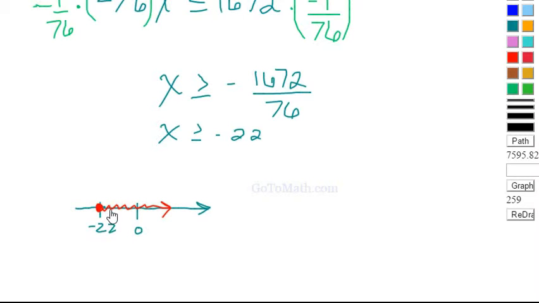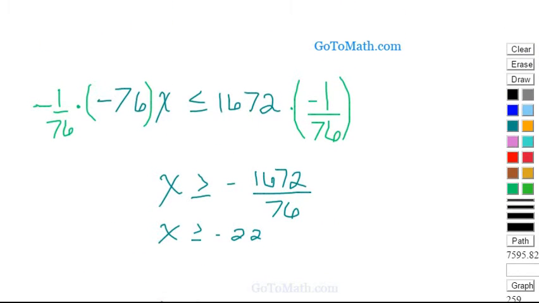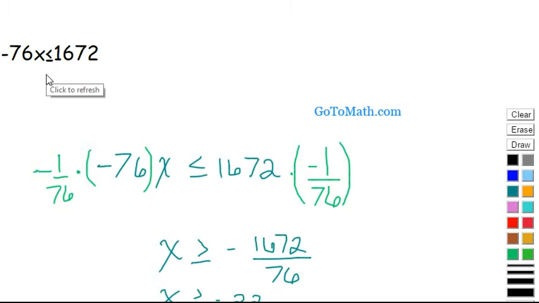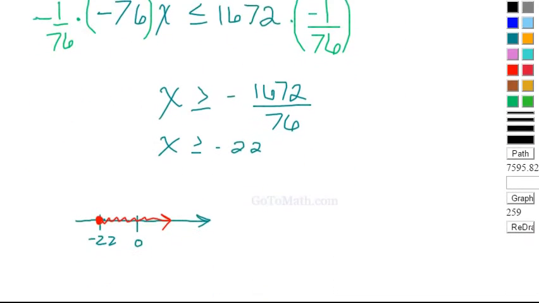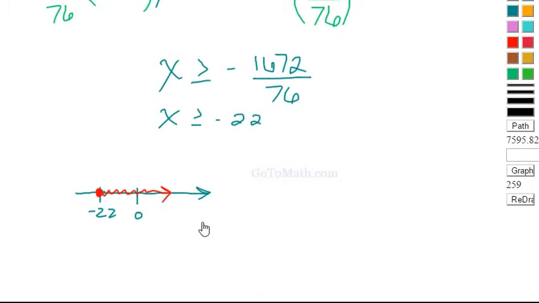No matter what number we pick to the right of negative 22 and plug into the original, for example, if you plug 0 in, we get 0 times negative 76, which is 0, and 0 is less than 1672. See that? So no matter what you plug in to the right, it makes a true statement.